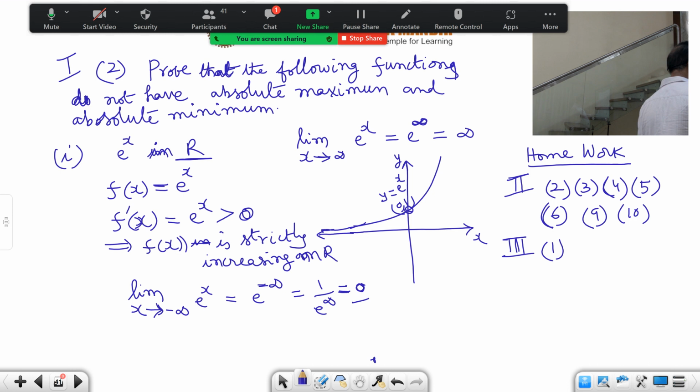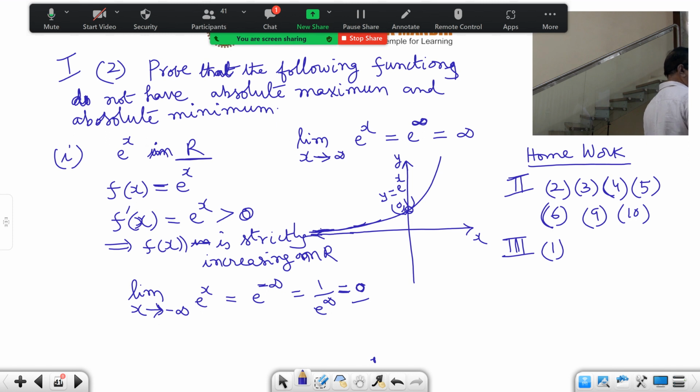The value will be approaching 0, but it will never become 0. The graph will be coming down and down like that, approaching 0 but never attaining the value 0.